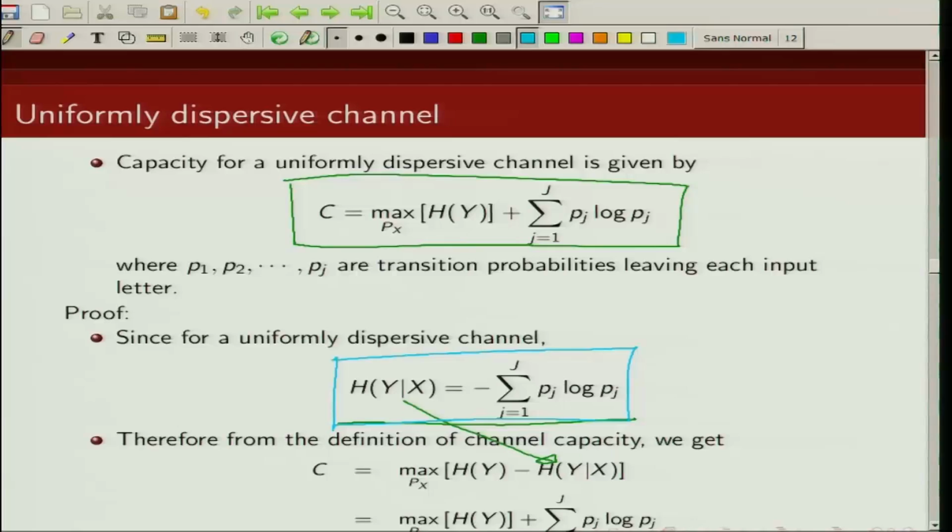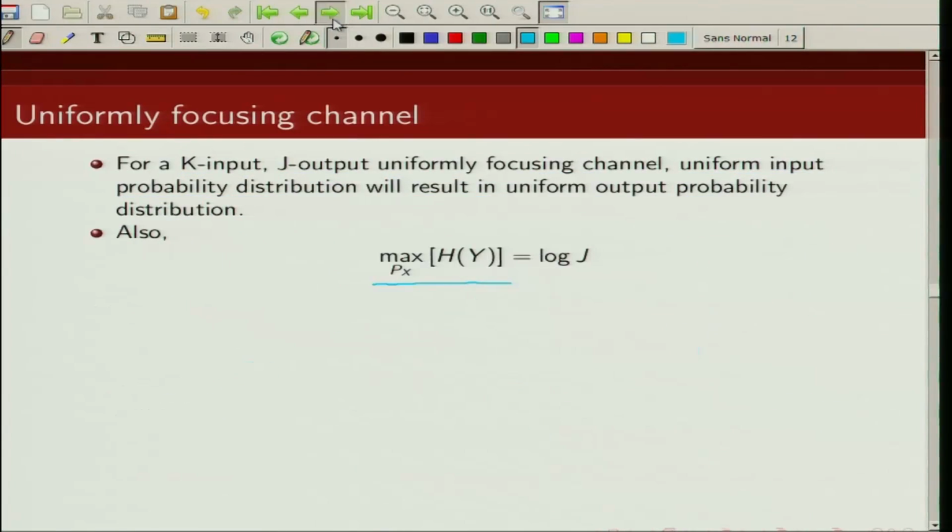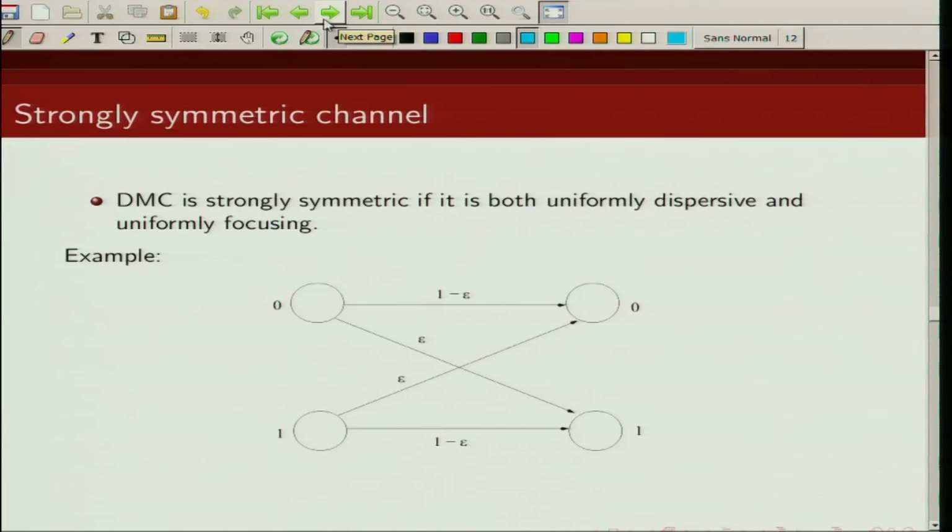Then we have the exact expression for this capacity. A discrete memoryless channel which is both uniformly dispersive and uniformly focusing is known as a strongly symmetric channel.